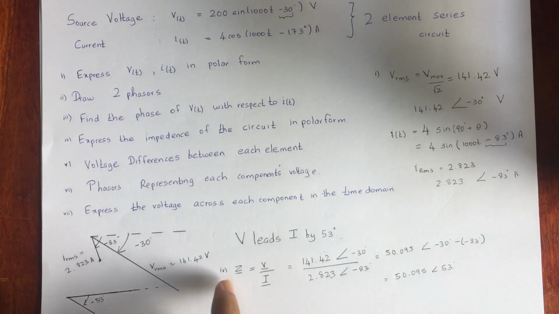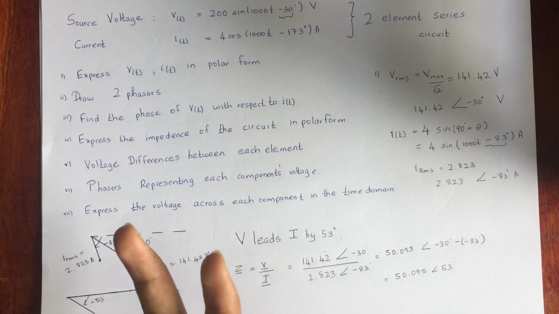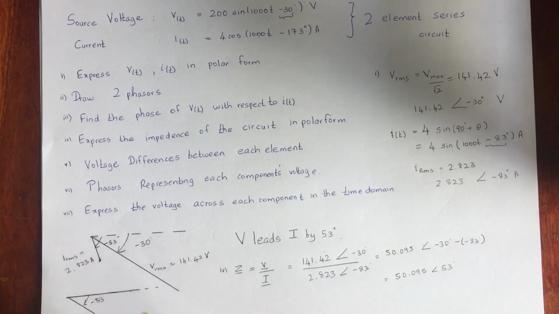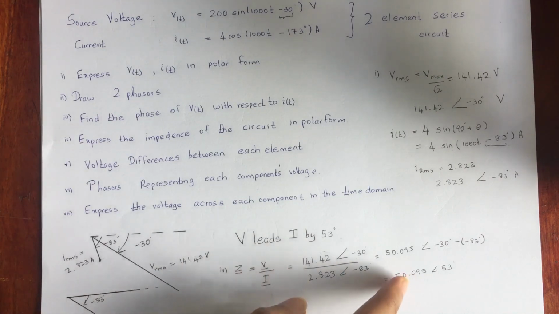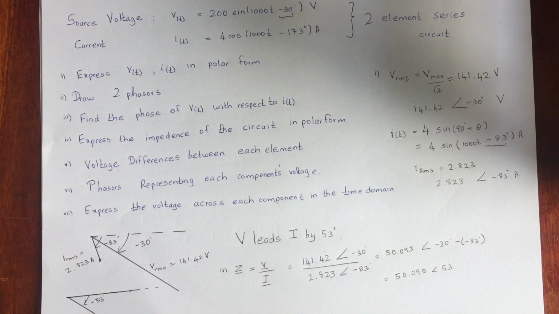If we consider this Z, we can easily find whether this circuit is having reactance or resistance. From that we can directly tell whether the circuit is having a resistor or inductor or capacitor. But here there are only two.